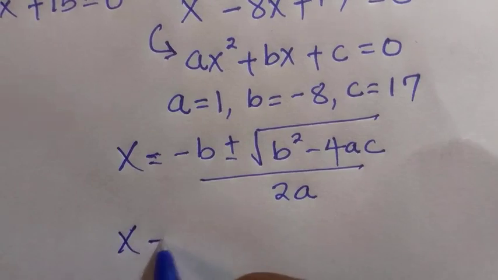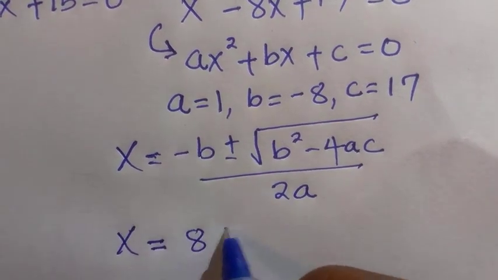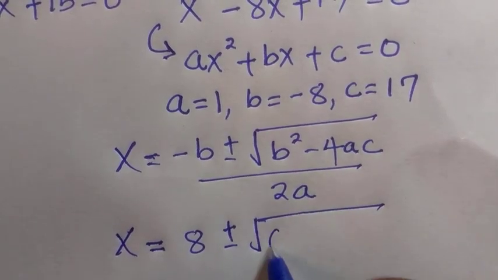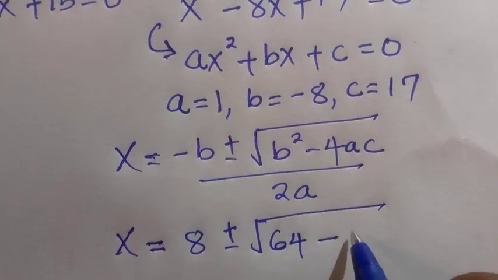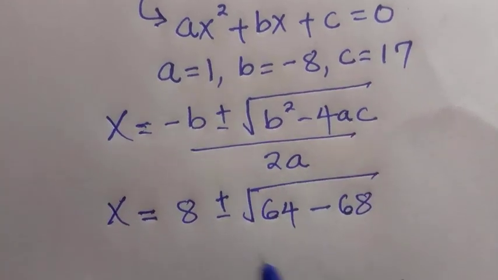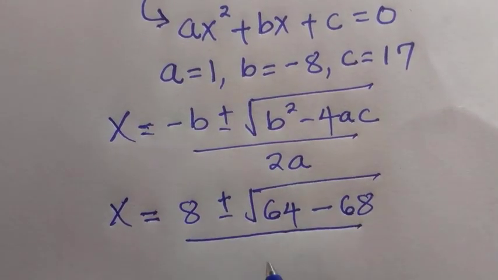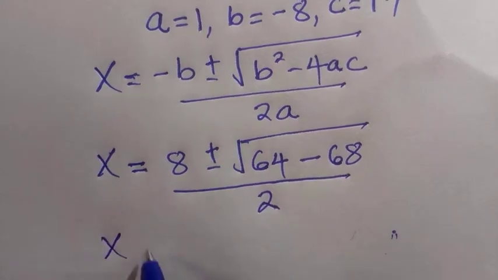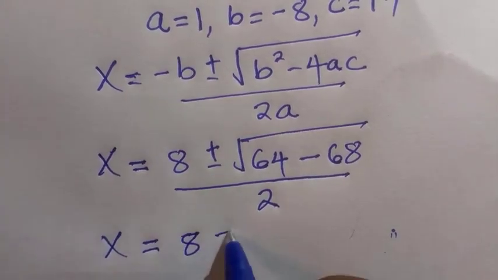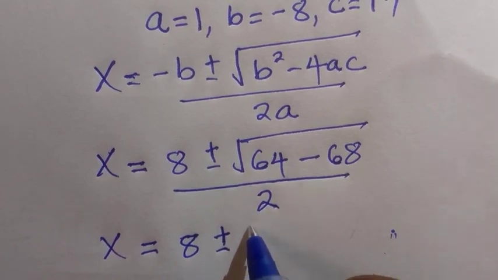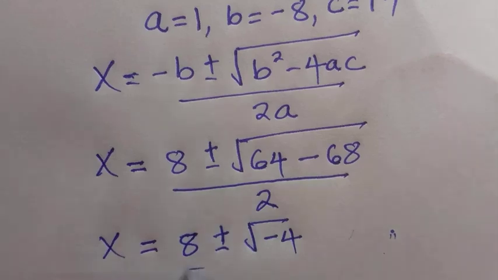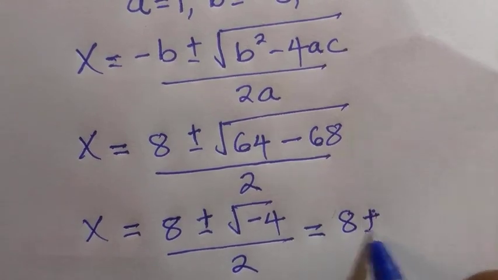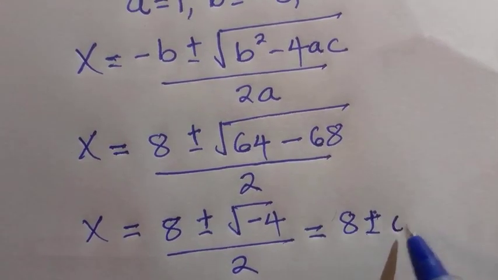Let's do it. Here x equals, by taking −8, we have plus 8 plus or minus the square root of (−8)^2, which is 64, minus 4 multiplied by 17, that is 68, all divided by 2. And again, x = (8 ± √(−4)) / 2. The square root of −4 is i√4, because the square root of −1 is i.